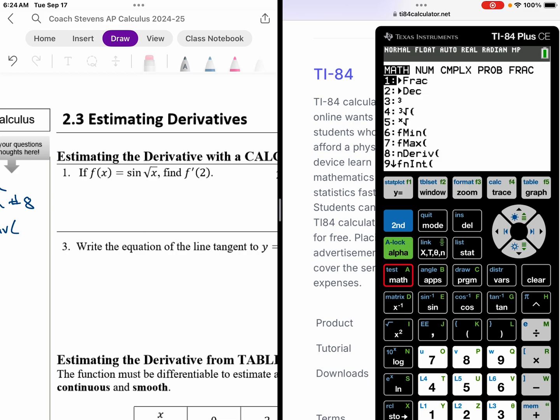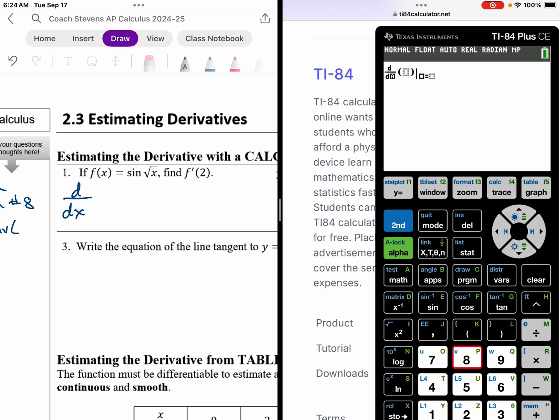So we're going to go in here and press math option 8. Now, as I put in what's going in there, we're taking the derivative with respect to x. And I would say no matter what variable they're using for your equation, just always use x. It just makes it a lot easier, and less chance of any errors being in the calculator.